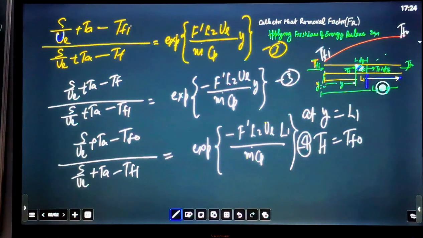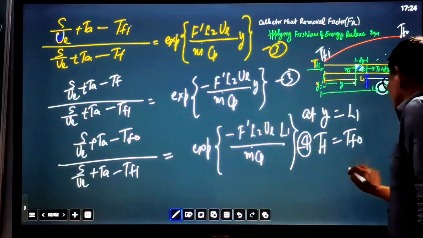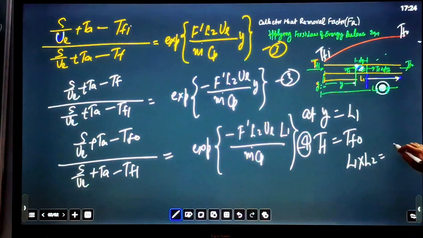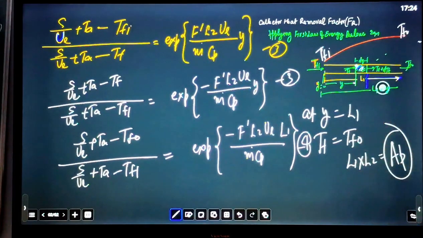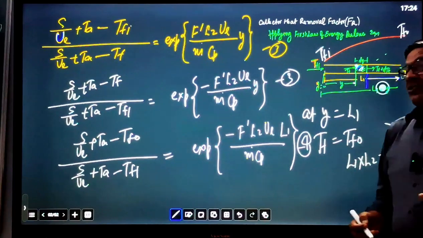We know that L1 into L2 is the collector absorber plate area, so you can replace L1 into L2 with AP. L1 is the length of the tube, approximately equal to the length of the absorber plate, and L2 is the width of the absorber plate.